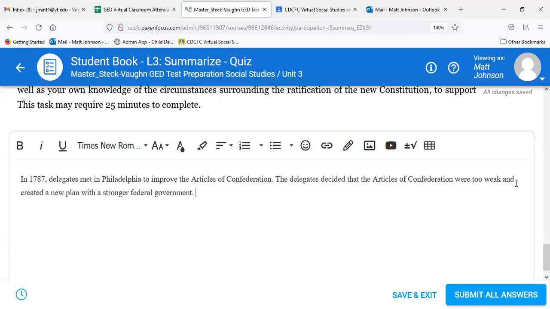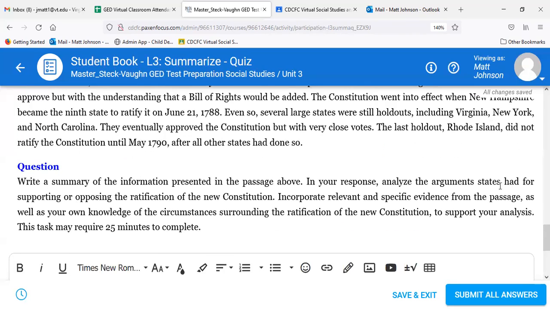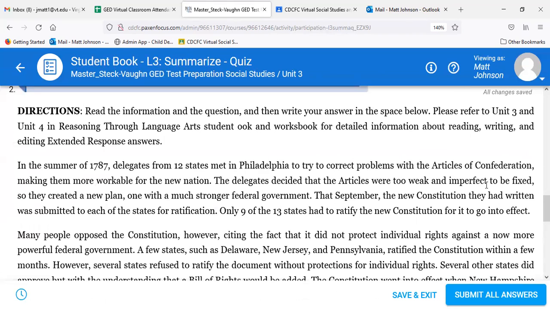So just consider how much we've already put into our own words and summarized, almost that entire first paragraph, right? That's the main point.